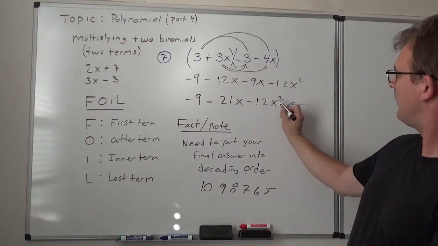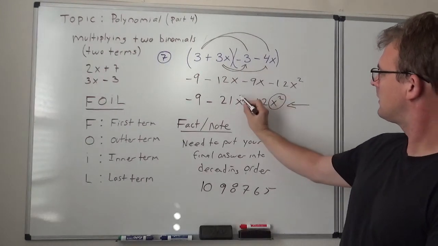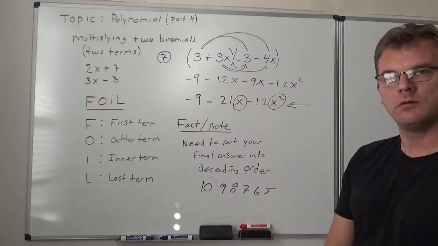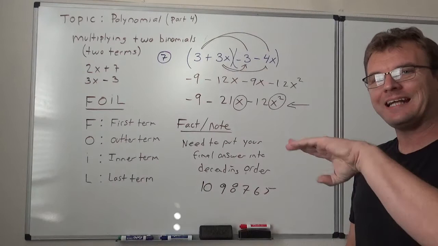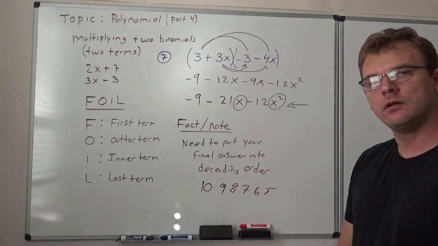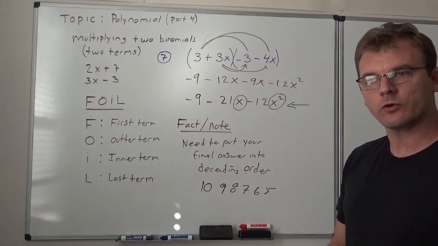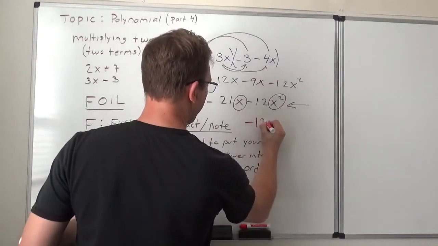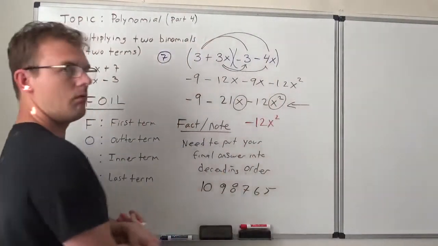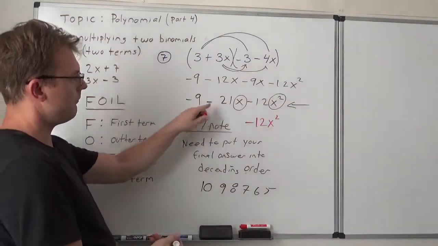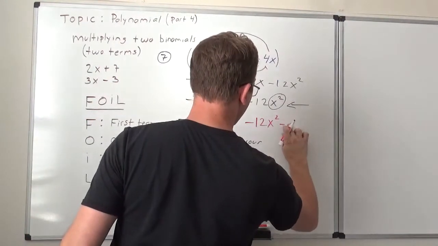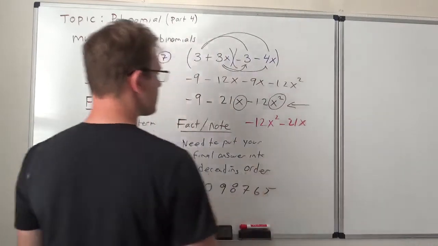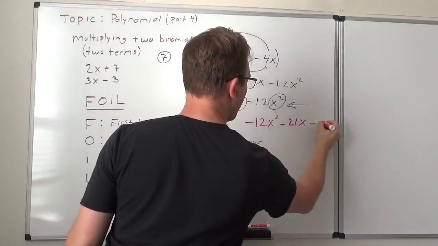You see how this and this one, you see how they're not in descending order? So put them in descending order. So this should go negative 12x squared minus 21x minus 9.